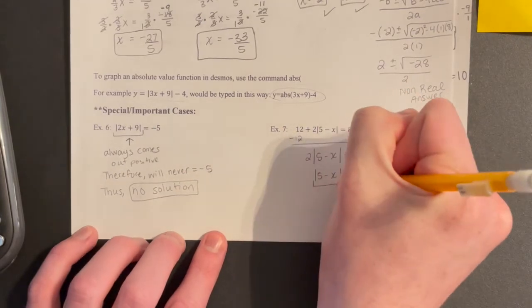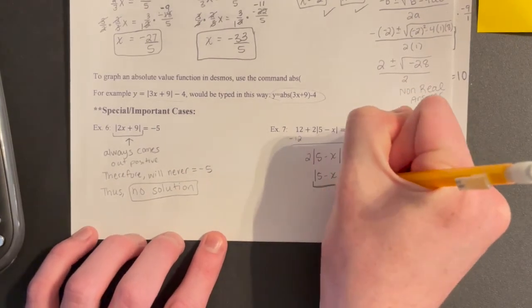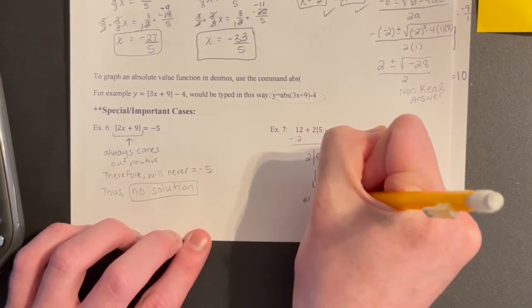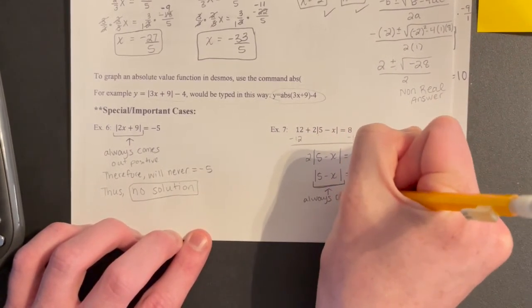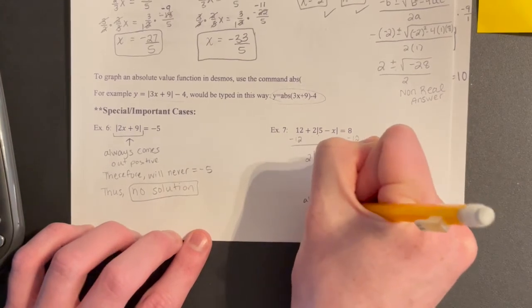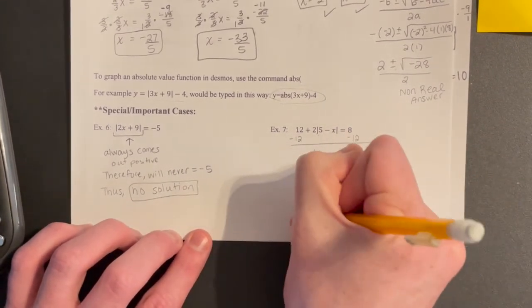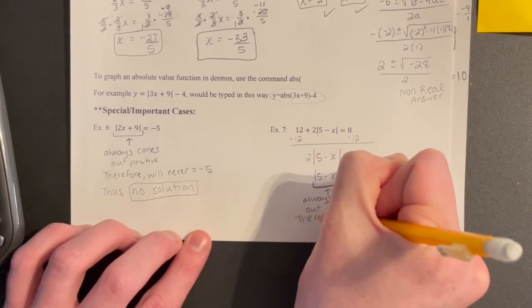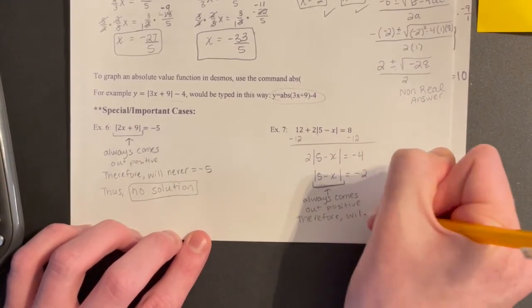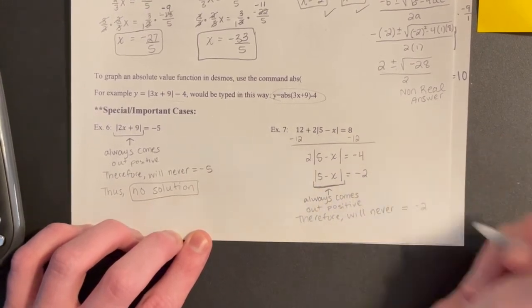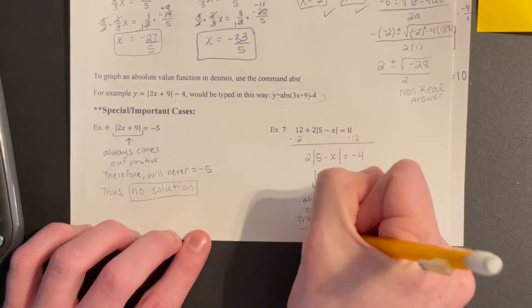So again, we get to this situation where this absolute value always comes out positive. So therefore, it will never equal negative 2. Thus, we have no solution.